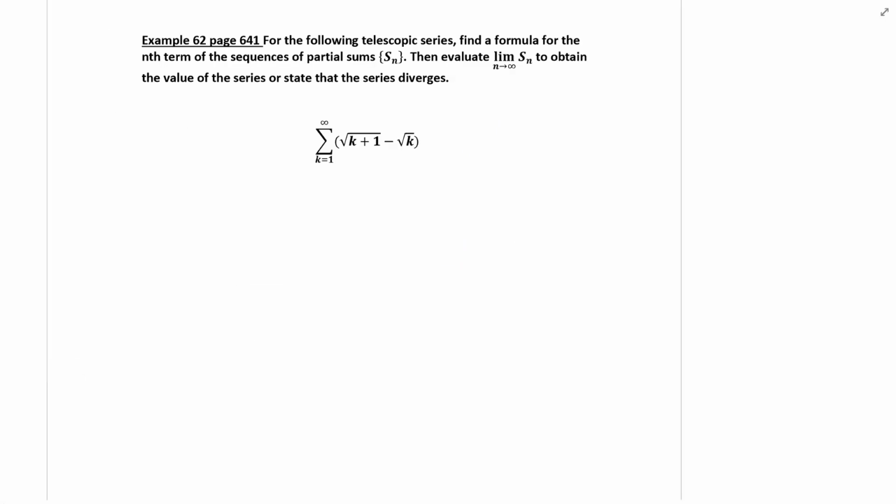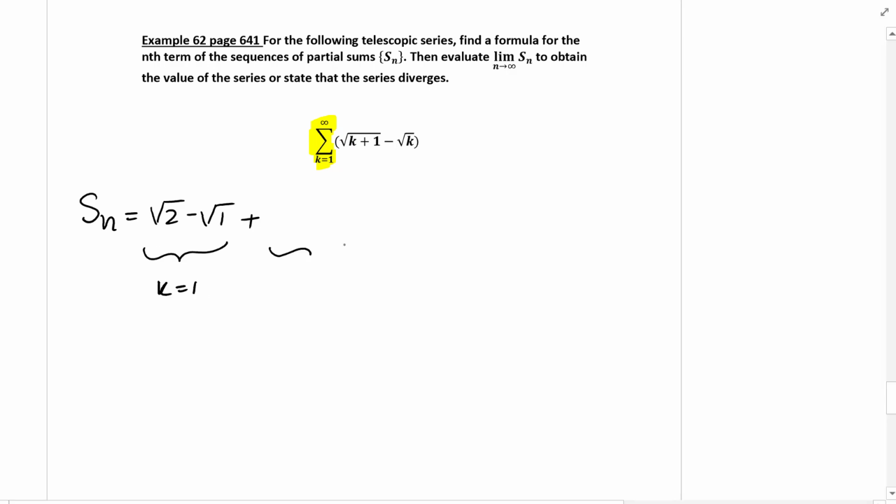And let's take a look at another telescoping series. If we want to find S sub n, we go k equals 1. We get square root of 2 minus square root of 1. Plus, this sum means each term. Now, that is for k equals 1.